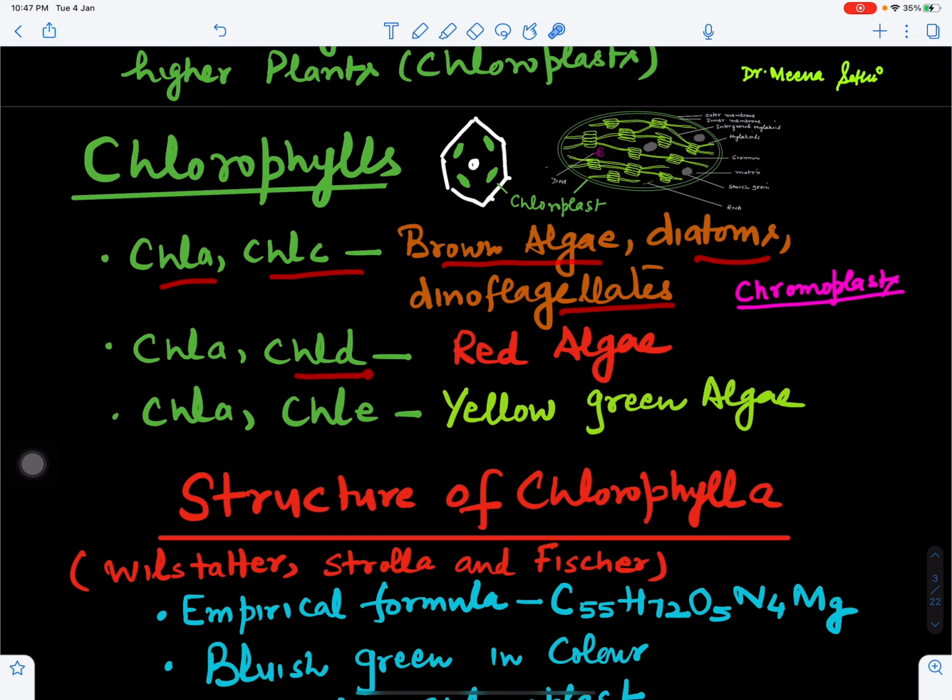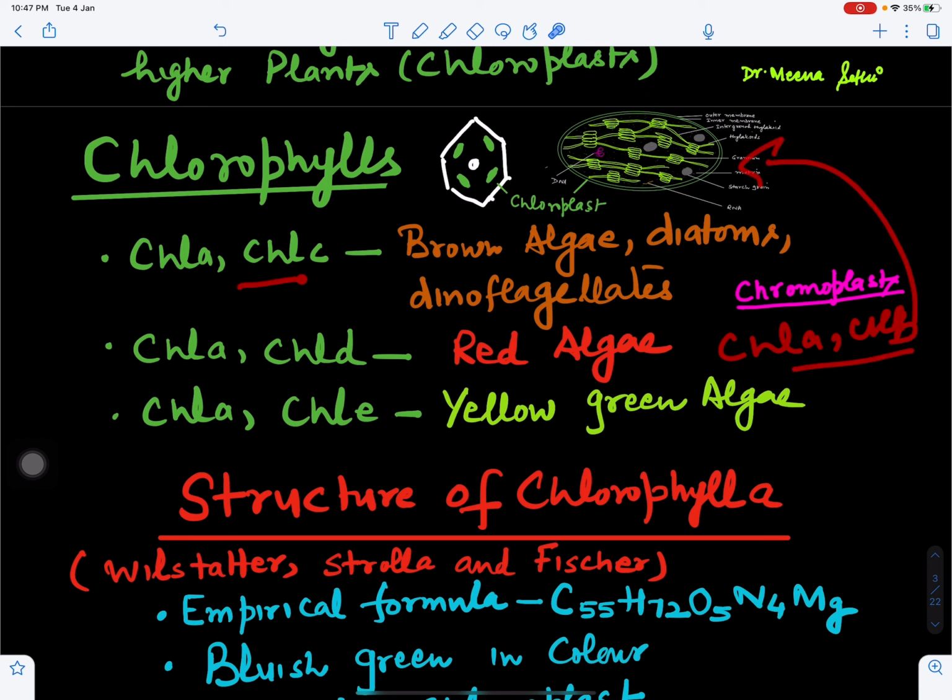Chlorophyll-d is found in red algae. Chlorophyll-e is found in yellow-green algae. The plastids in which these combinations of pigments are found are chromoplasts. So if chlorophyll-a and b are there, they will be found in chloroplasts, and if chlorophyll-a is present along with c, d and e, they will be found in chromoplasts.